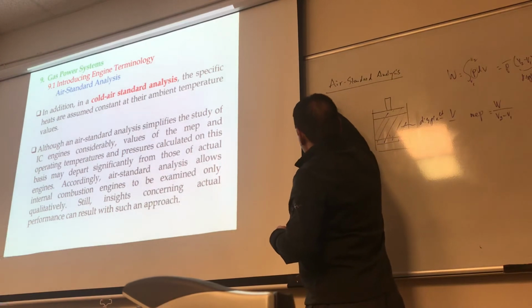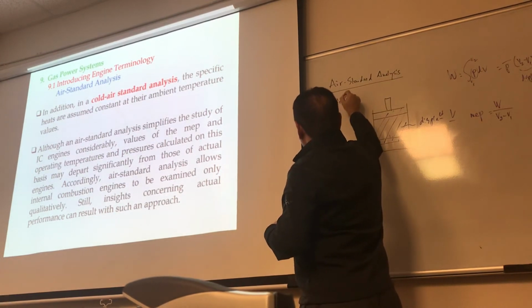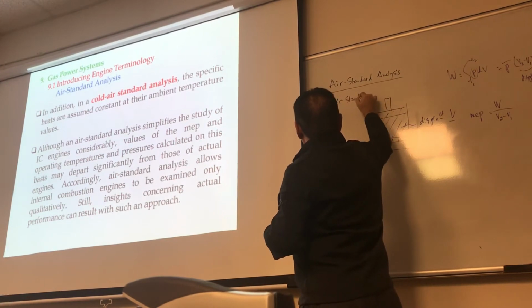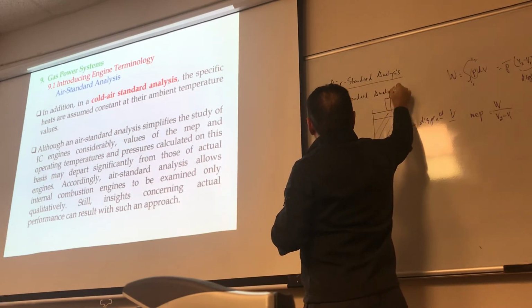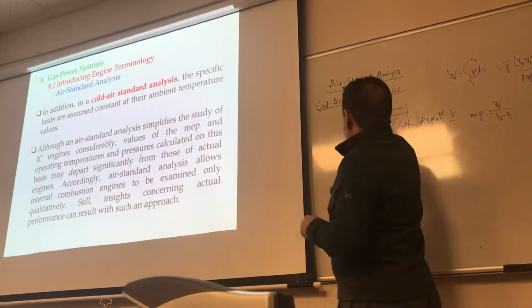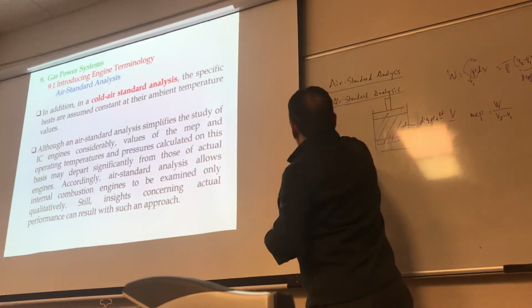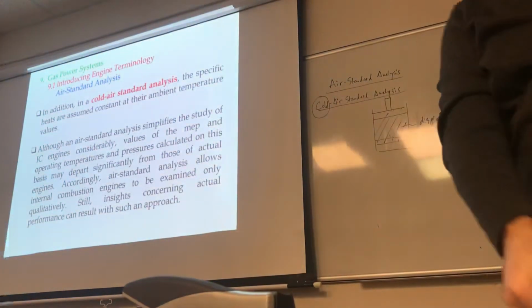And there is another one, so you probably remember this. And then there is the cold air standard analysis. I want you to make kind of a difference between these two. This one, air standard analysis, this one has another word which is called cold air standard analysis. What is the difference between the two?